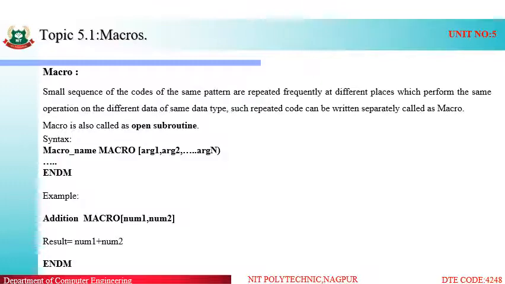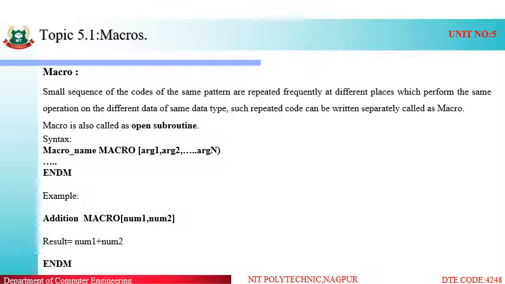The syntax is, first we write the macro name, like add, subtract, multiply, followed by the MACRO keyword, and inside that we can specify the arguments, and we have to end the macro with the ENDM assembler directive. ENDM specifies that the macro is ended.